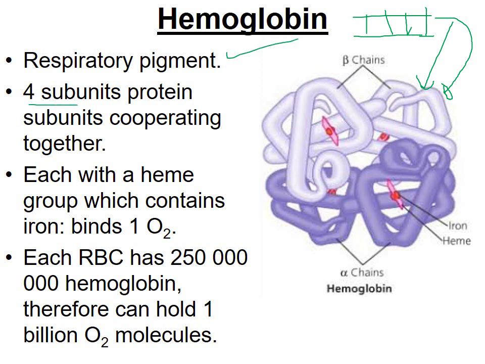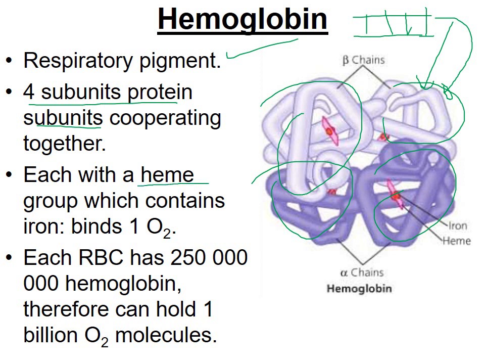There are 4 protein subunits, so basically 4 big proteins that are connected together to make it, and they're each coded for by a gene. And they contain this thing called a heme group, which contains iron and binds 1 oxygen. And remember, as I said earlier, each red blood cell has 250 million hemoglobin molecules. So what that means is they can each hold 1 billion oxygen molecules.